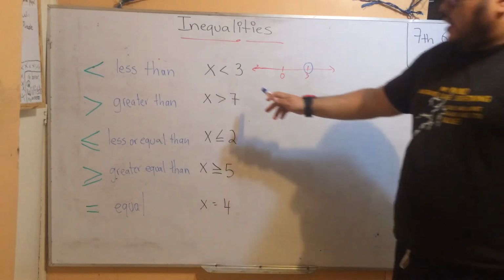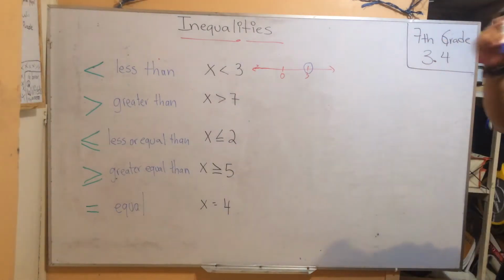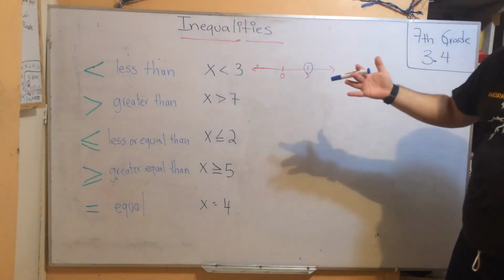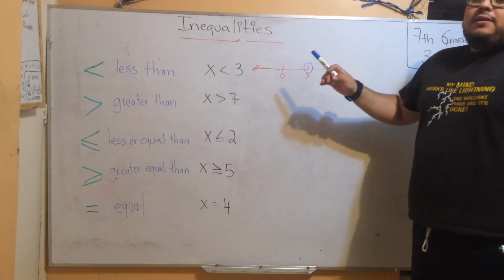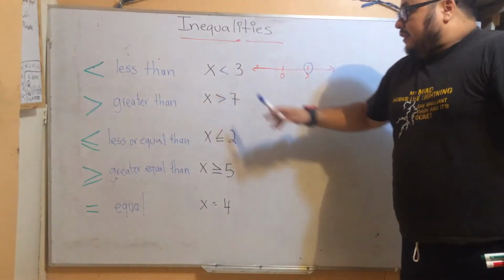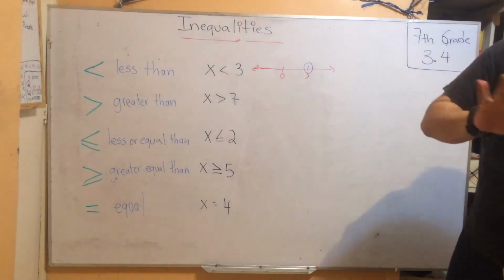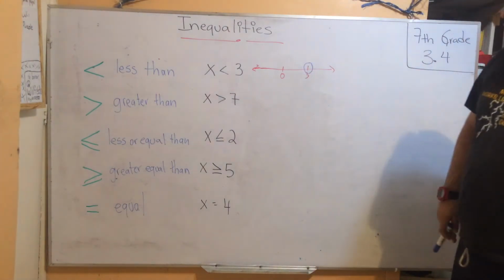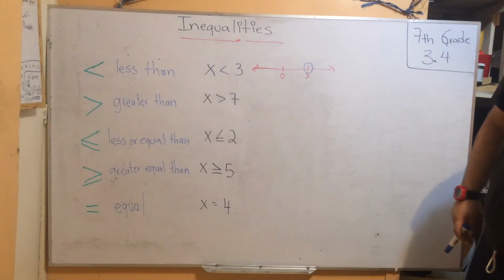You'll see why in a moment. 3 is not included. That's why when we put 3 into our graph, we put it open, because we are using only the values that are less than 3. So 3 is not included, and that's why the symbol is open when we graph the number 3.